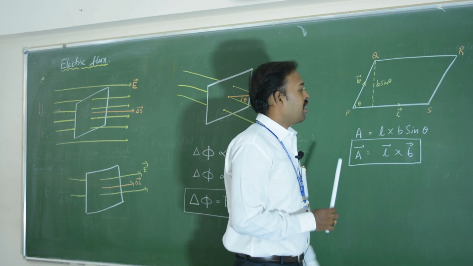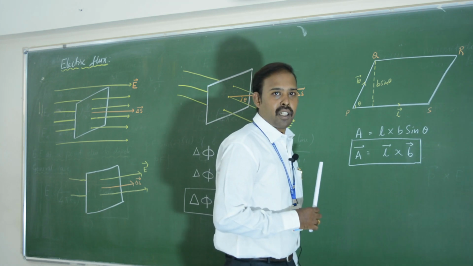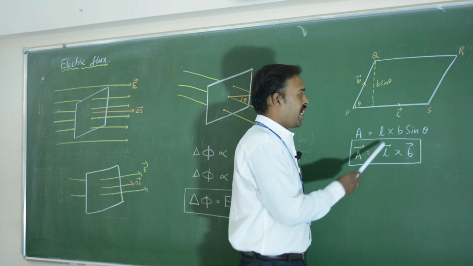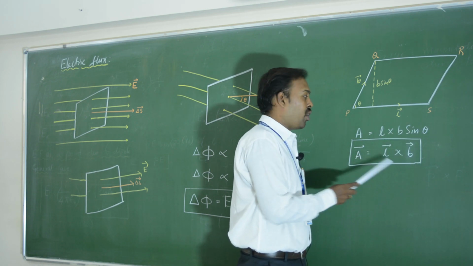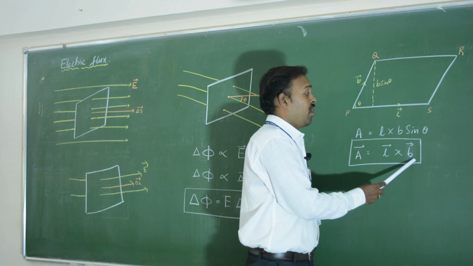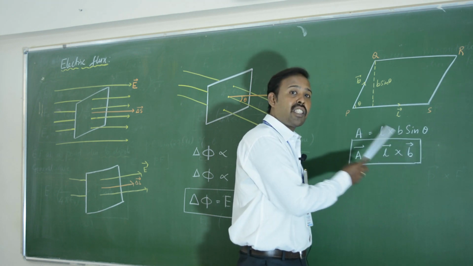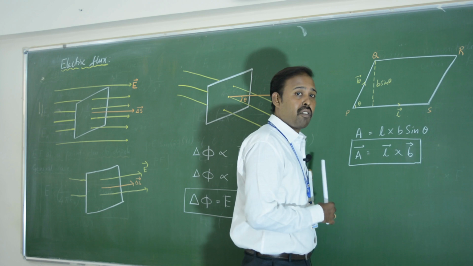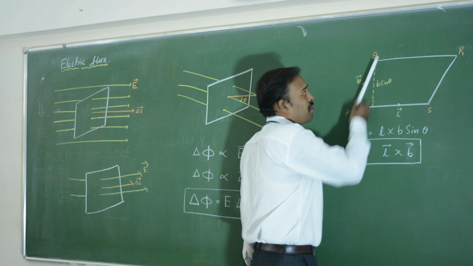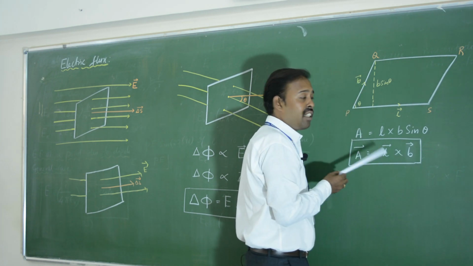We know that in a cross vector product, A cross B can be written as AB sin theta. Here it is LB sin theta, so this can be written as A is equal to L cross B. So this area is now a vector quantity, because the product of two vectors is a vector. This length is a vector and this width is also a vector.